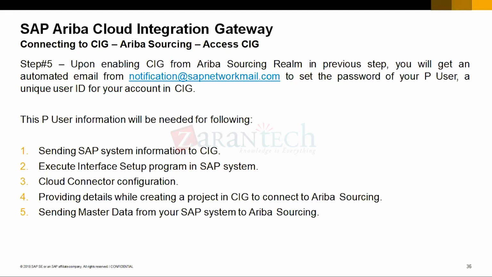Rohit, Lalit here, question. You have shown a screen where we need to activate specific buyer organizations for cloud integration gateway CIG. That screen is with SAP Ariba, that feature manager. Yes, yes. This access will only be available with the Ariba customer support team, not with us. Okay.